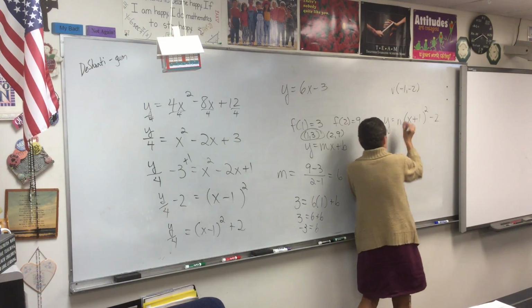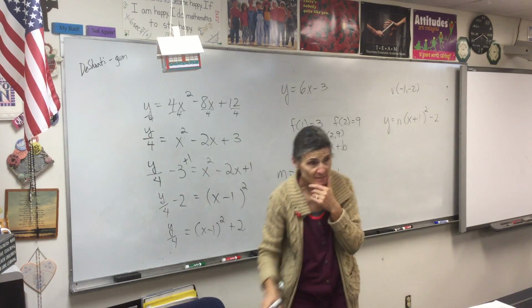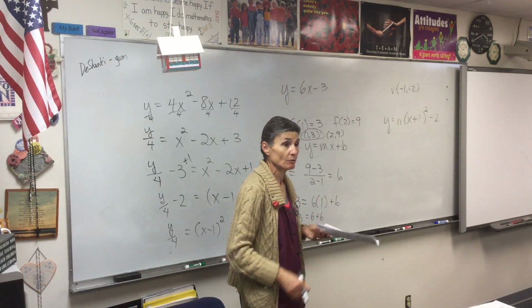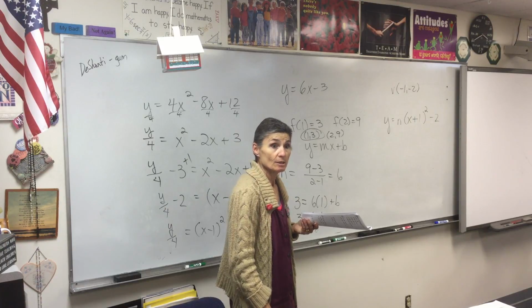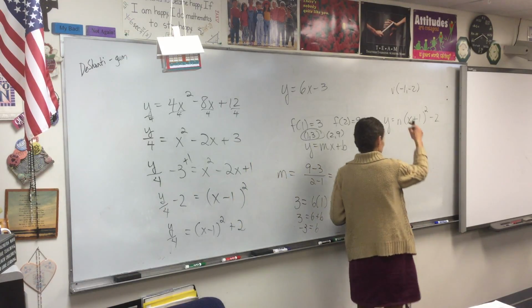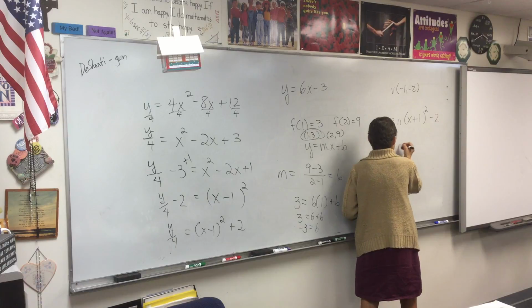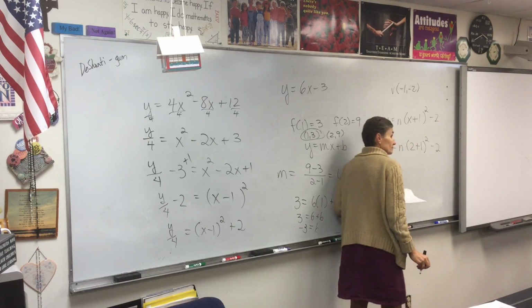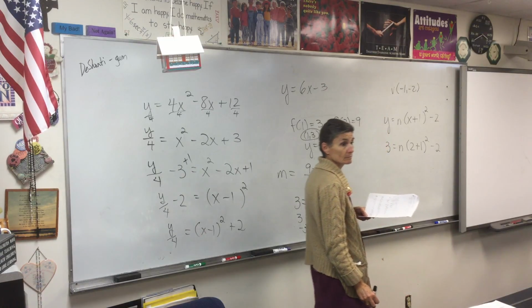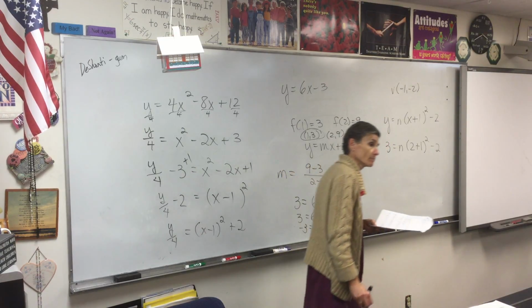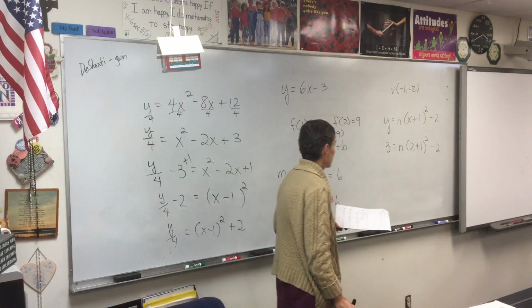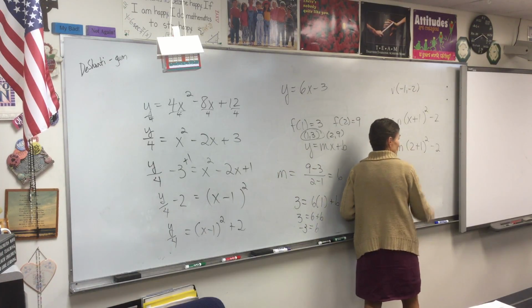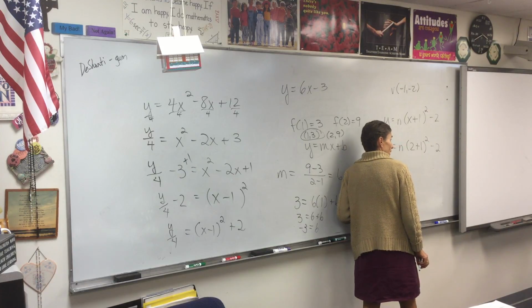Now, I need to find that missing coefficient. I will find it by plugging in the other point, which is (2, 3). So I put the 3 in for the y and the 2 in for the x. Nick, you with us? So 3 equals, okay, 2 plus 1 is 3, squared.